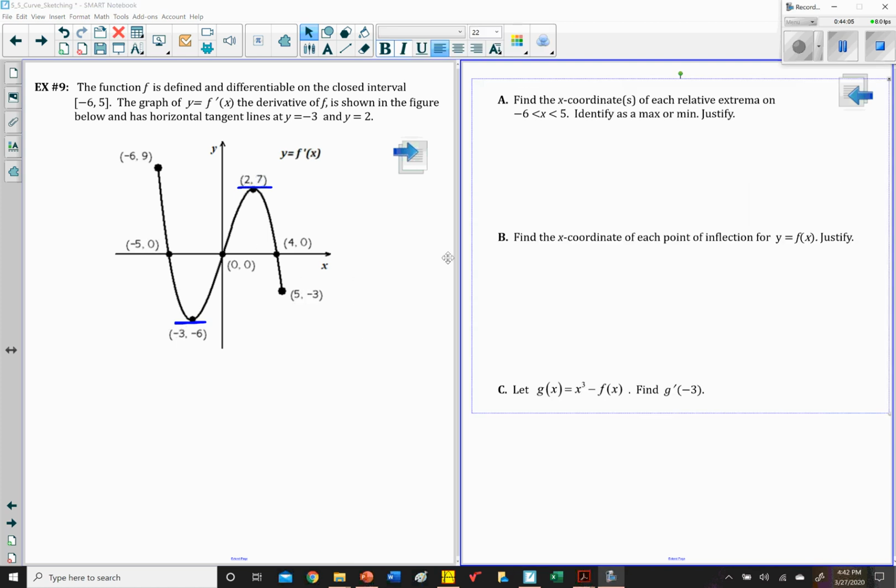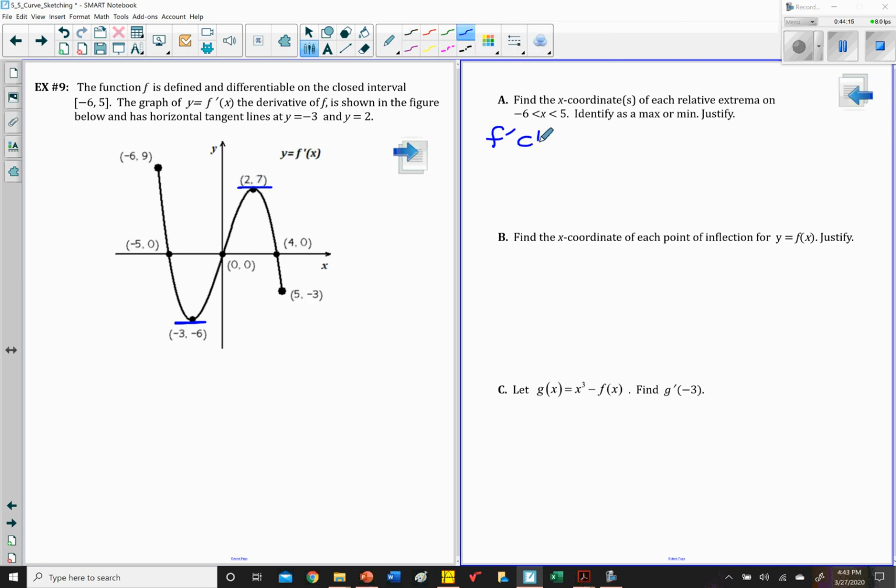So how do we know? We're looking for where f prime changes signs from positive to negative. So f prime, where f prime changes from positive to negative at -3.